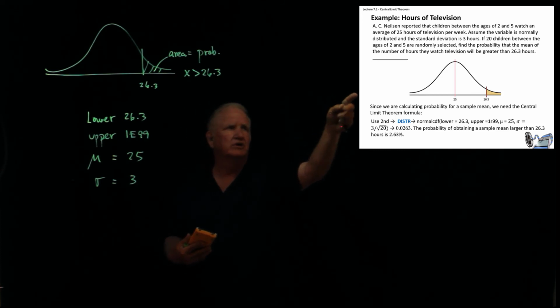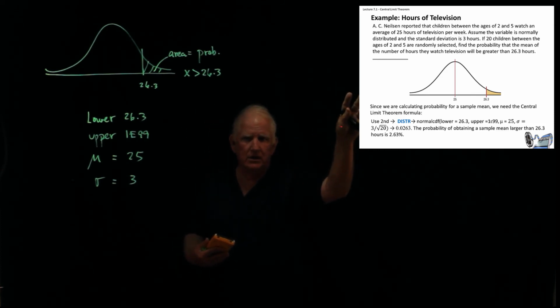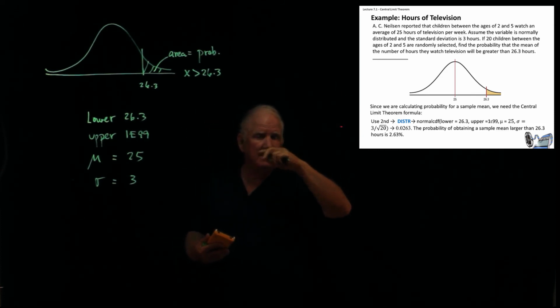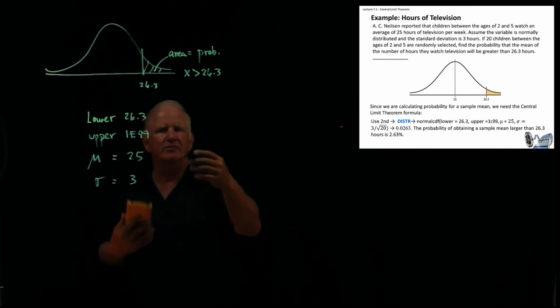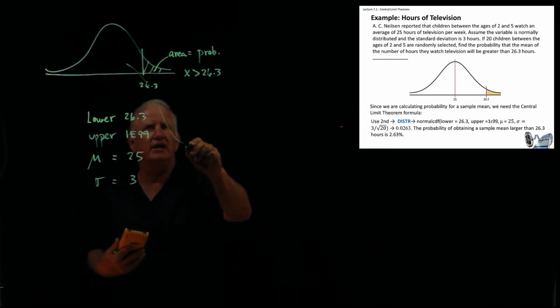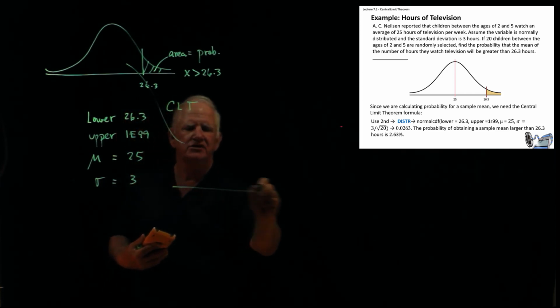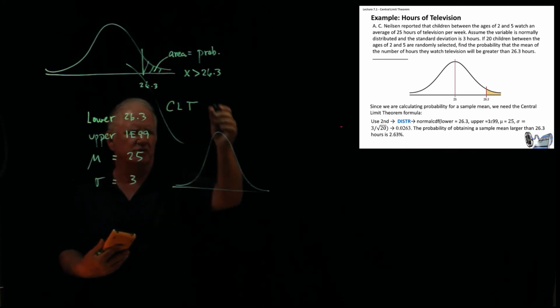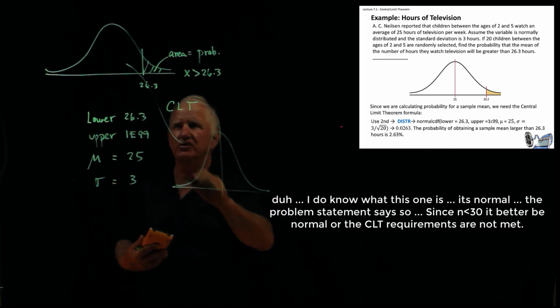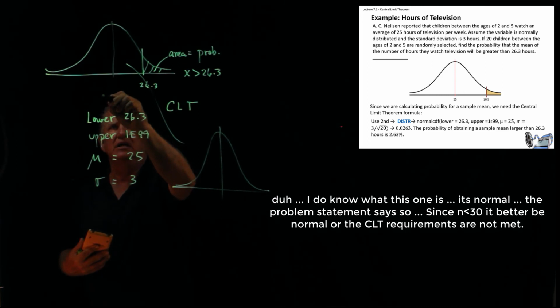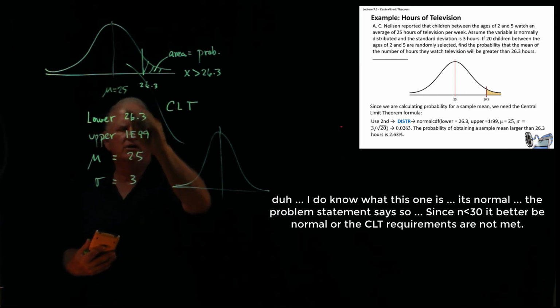What was asked was grab 20. What's the probability in that case? Well, if you were to grab samples of 20, you could create, through the central limit theorem, a second distribution. That's normal. I don't know what this one is, but this distribution has the same mean as this.